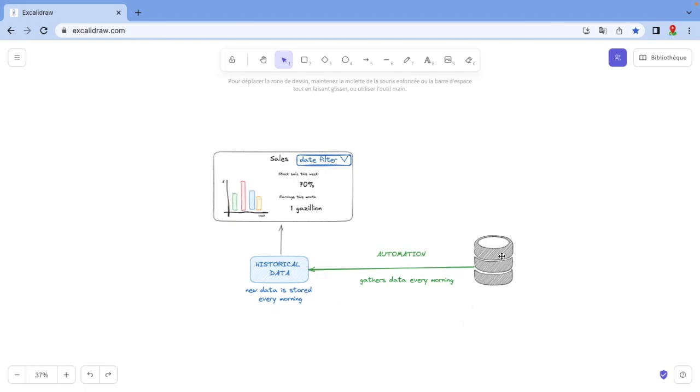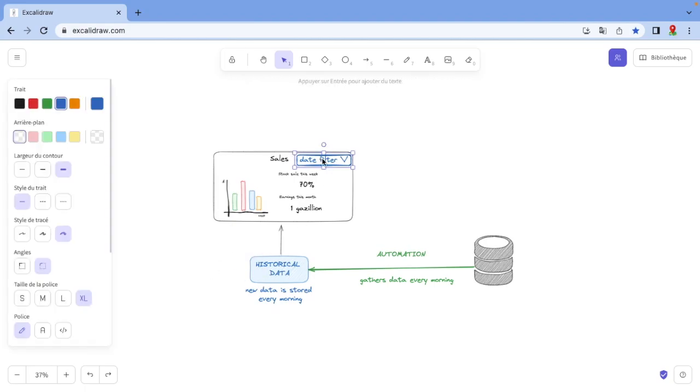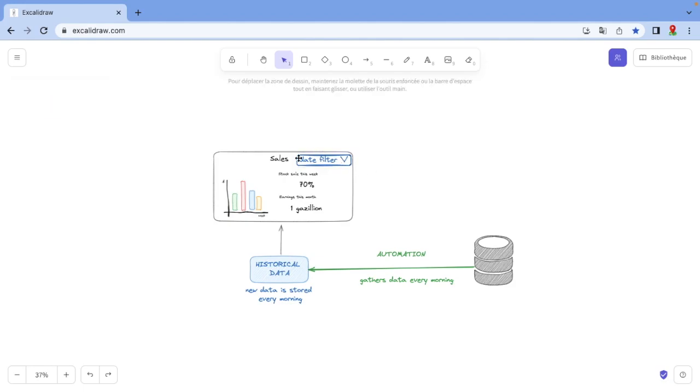It extracts the data from the day before, for example, and how many sales were made, and this automation brings the data to the storage, and it is stored by date, and then you have this historical data. So if you have the historical data, you can allow the user to create a data filter, for example.